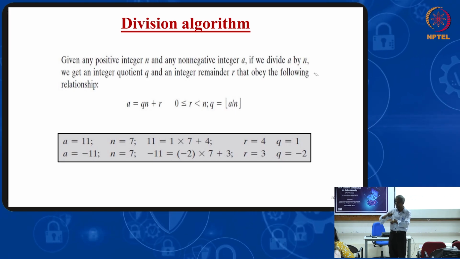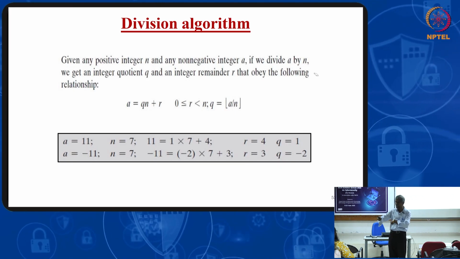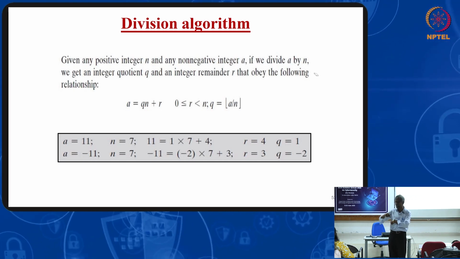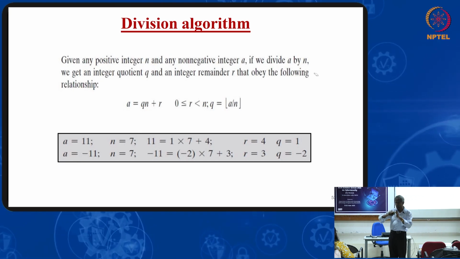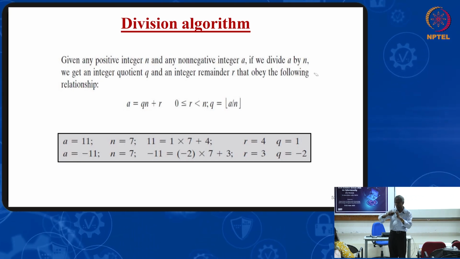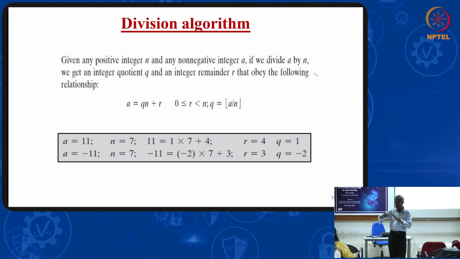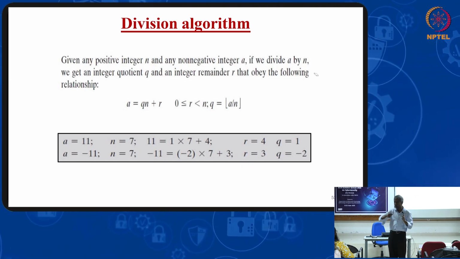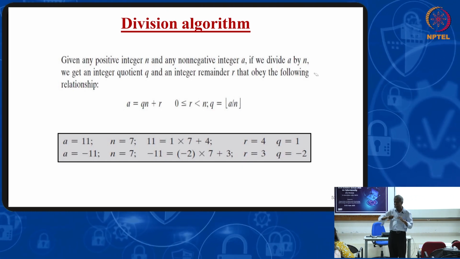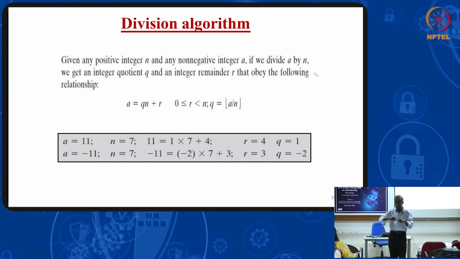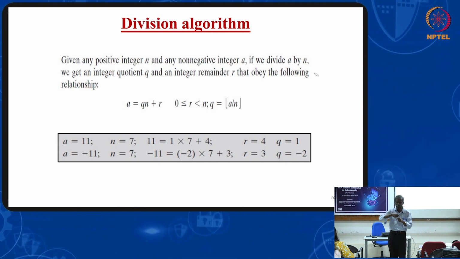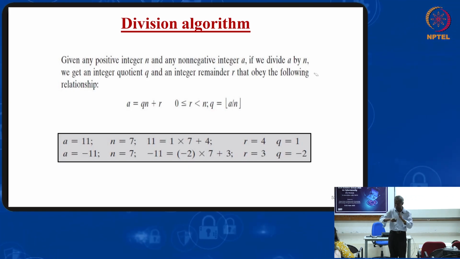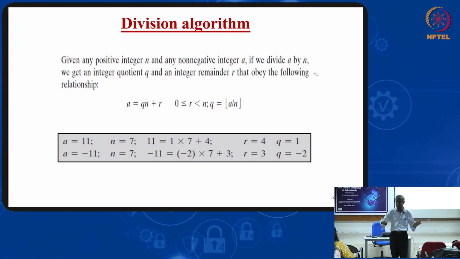Now, divisor into quotient is how much? Divisor is 4, quotient is 2, so 8. So divisor into quotient plus remainder equals what? Dividend. So dividend equals divisor into quotient plus remainder. That is called the division algorithm.